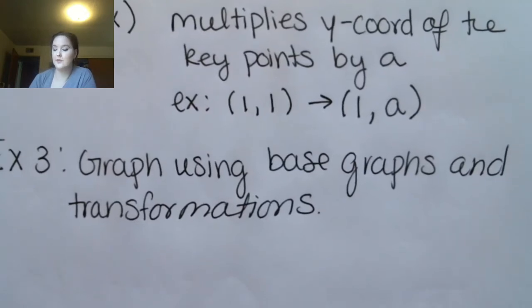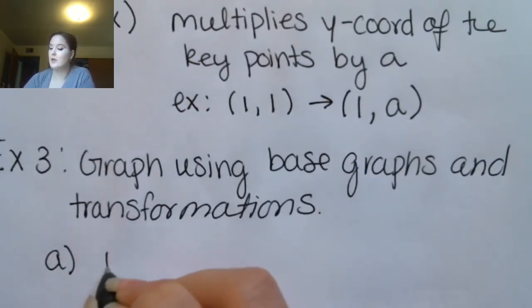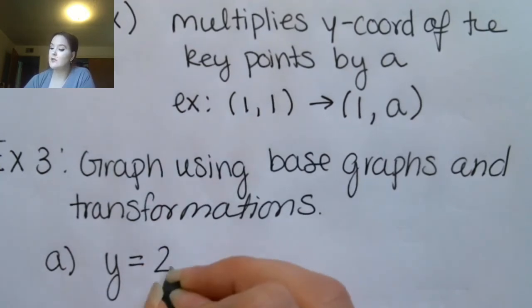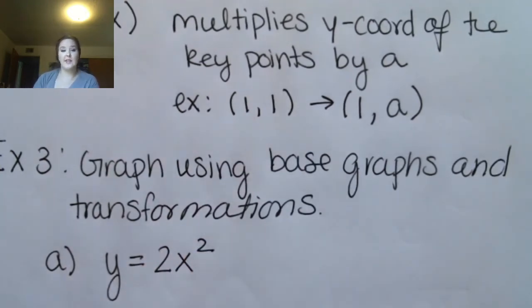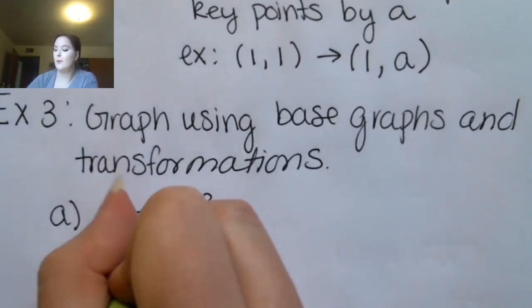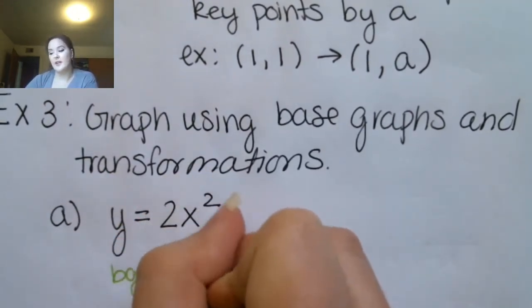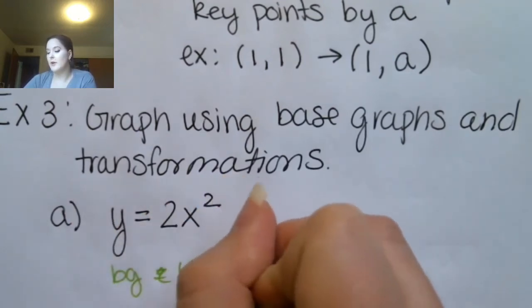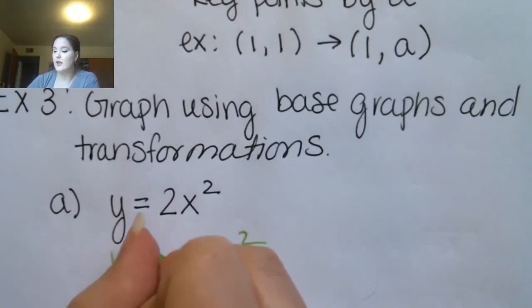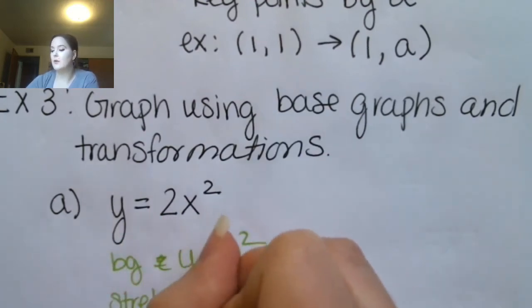Okay, so we're going to graph using base graphs and transformations. The first one, as we've been doing, we're going to use the y equals x squared base graph, because we're familiar with this example. The base graph is y equals x squared, and the transformation is that it's stretched times 2.